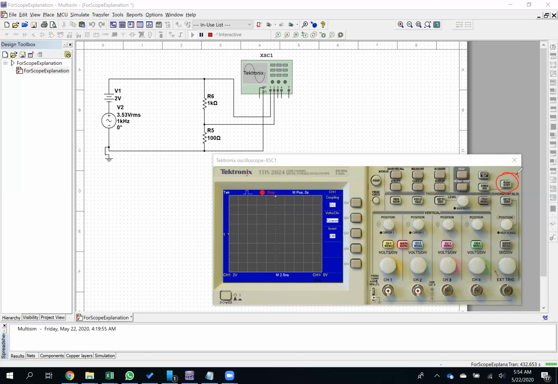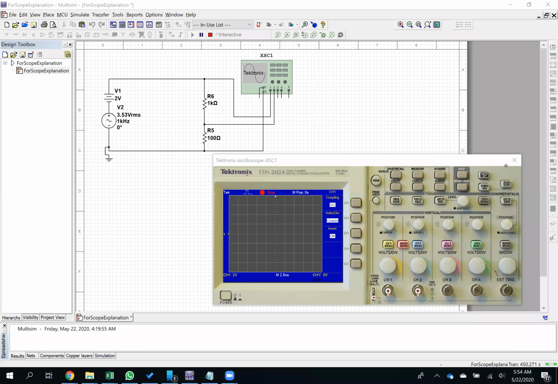You can use this run stop button to do a bit of a freeze frame. So if the circuit is jumping a lot and it's hard for you to read the signal, just stopping it will freeze the frame and you can see it. But there are a few other ways to get the signal to settle down, and I'll show you one of those a little bit later in the video.